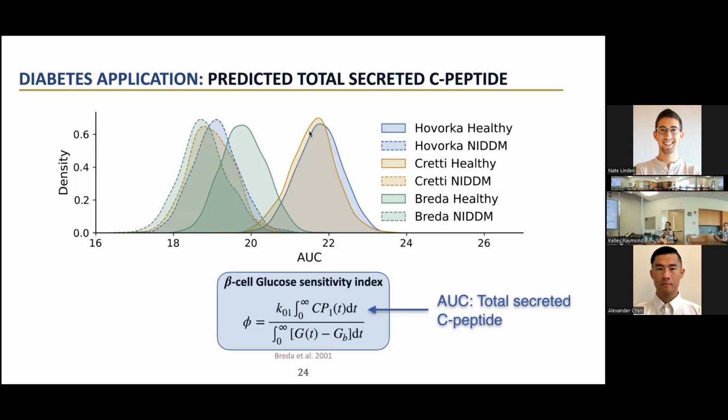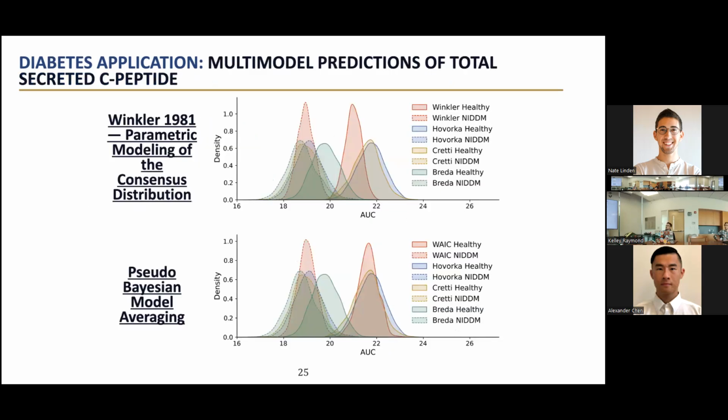So we'll apply both of our mixing methods to this problem, and we'll see what happens. It's going to be a similar story to the enzyme kinetics example, where the Winkler method is biased towards the average of all three weighted by the variances, whereas the pseudo Bayesian model averaging weights by how well we agree with the data.